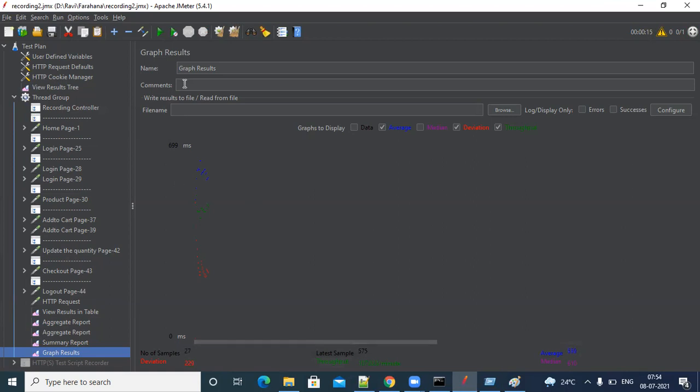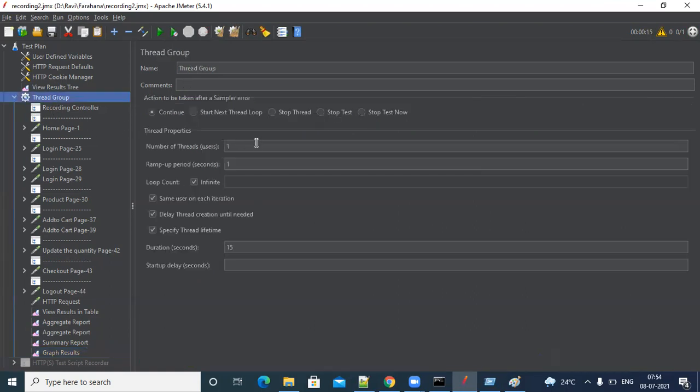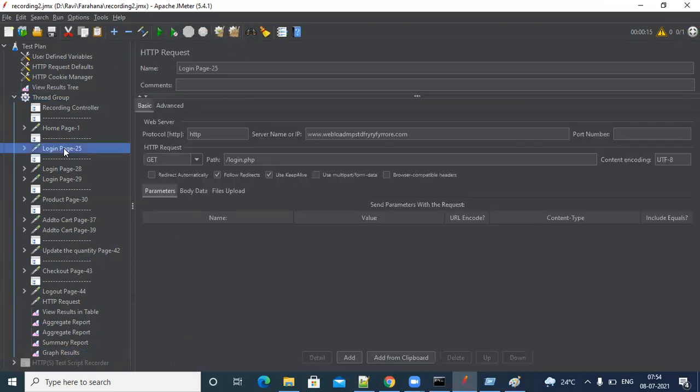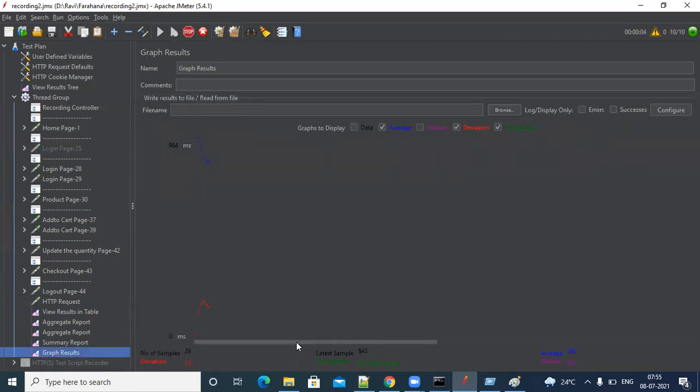Okay, let's start with 10 then. Better. More data, more runs. And I will remove this error as well. If you observe this green, it started from 0 and slowly increases based on the users.